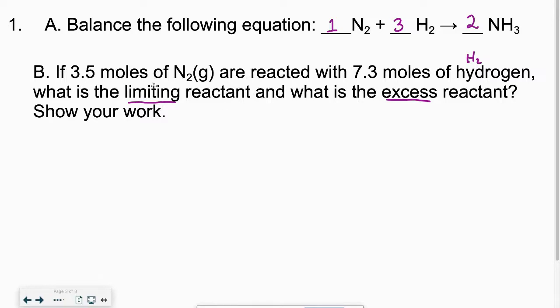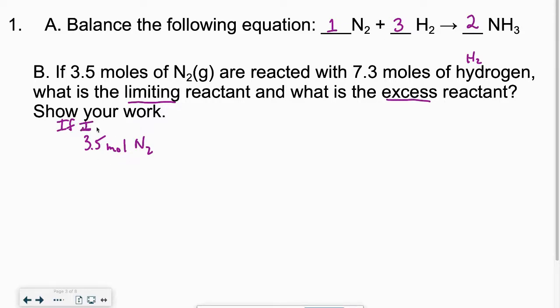So the way I'm going to do this is I'm going to see that I have 3.5 moles of N2, and I want to see how much hydrogen is needed to react all of my 3.5 moles of N2.